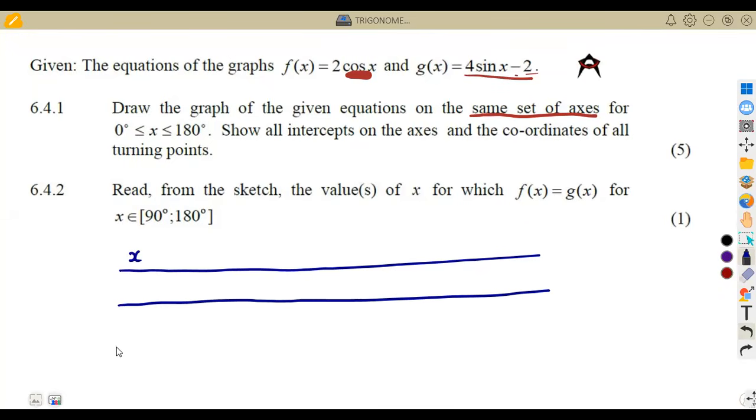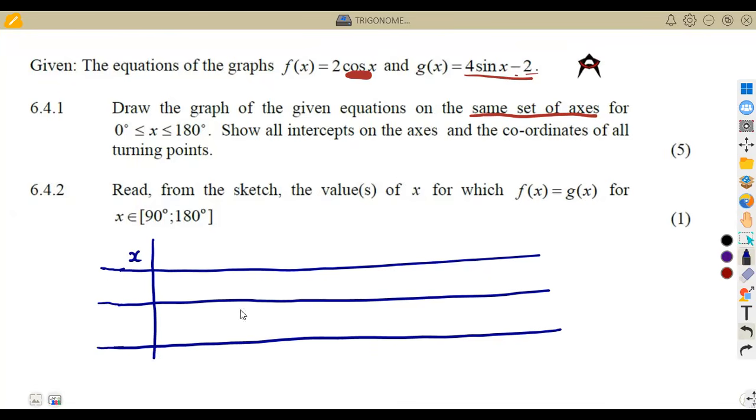Then we are going to need the values of y for g of x. These values of y here are for the two graphs. So we've got the first one, the values of y for f of x, then the values of y for g of x, this one.